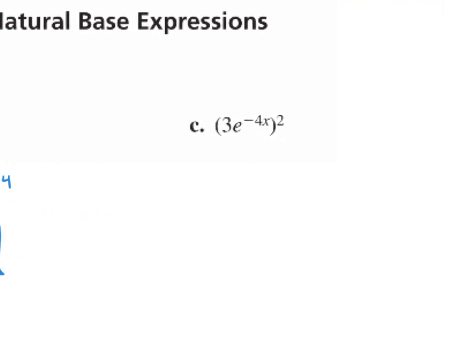And then example C, what do we do here? Square. We have to distribute that 2 to both things here. So 3 and e to the power of negative 4x are being multiplied to each other.